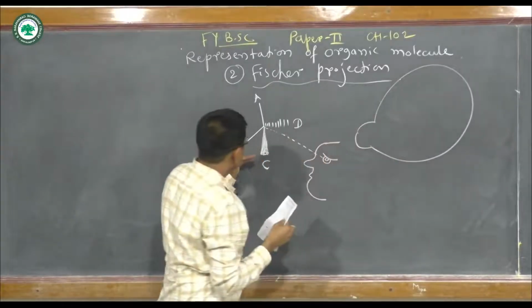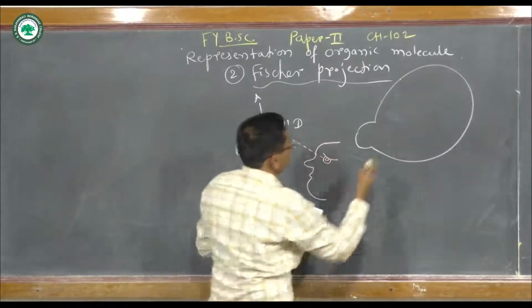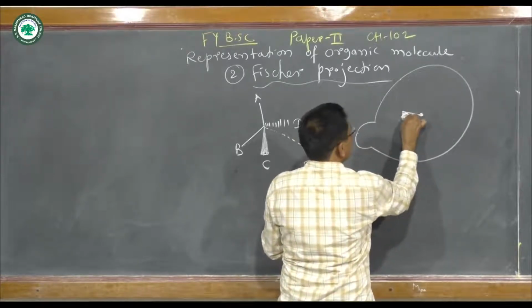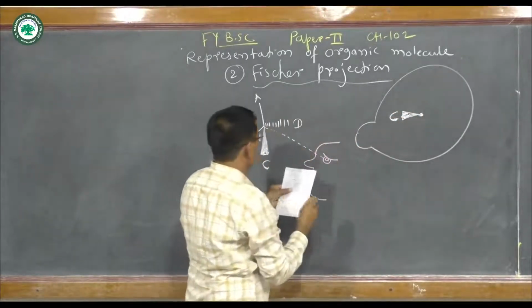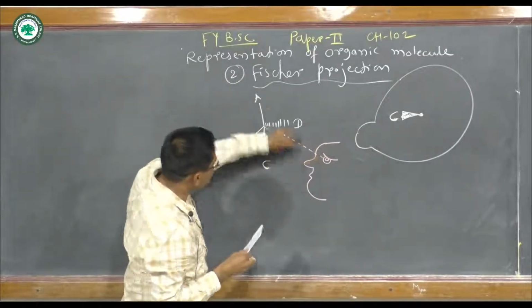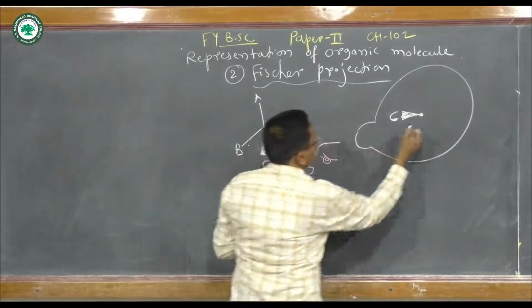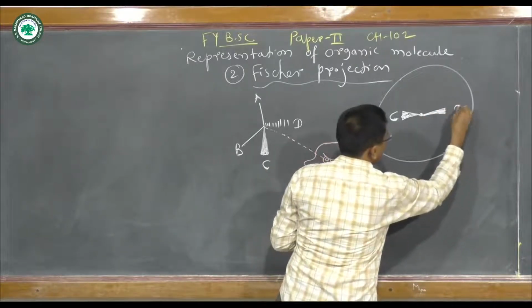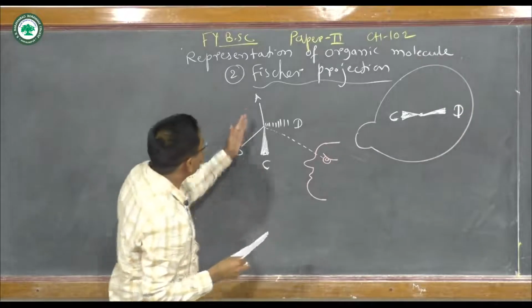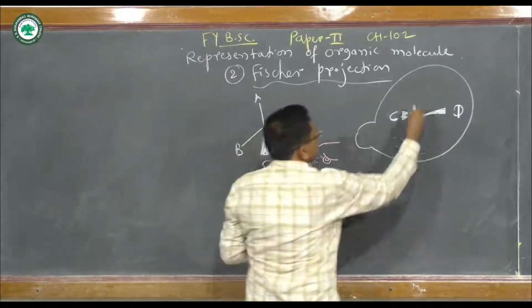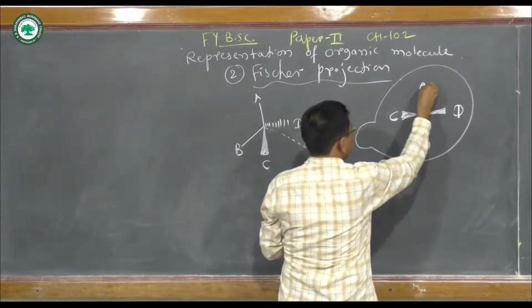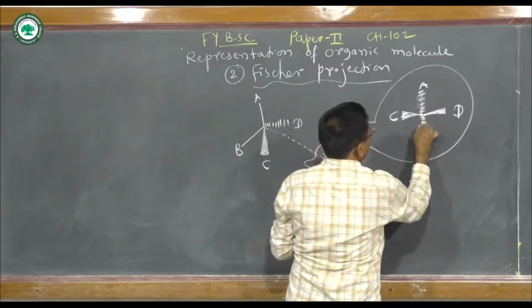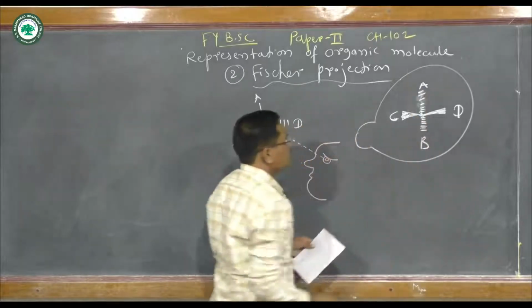Here C and D: C is on the left hand side and D on the right hand side, and A is above and B is below.